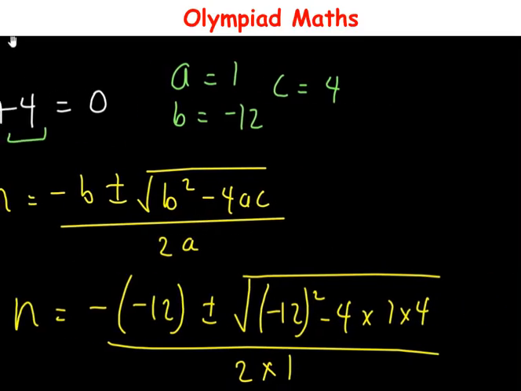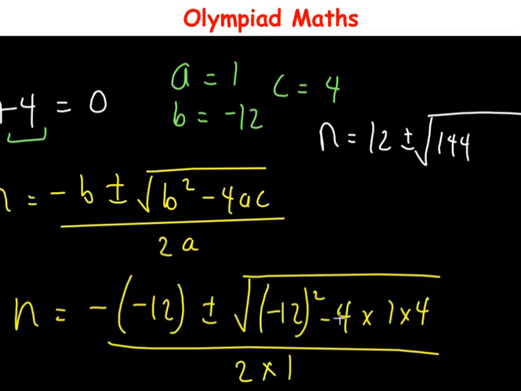So with this, the value of n is then equal to minus times minus 12 is plus 12 plus or minus square root of minus 12 squared, which is simply 144. Then minus 4 times 1 times 4, which is 16, all over 2 times 1, which is 2.